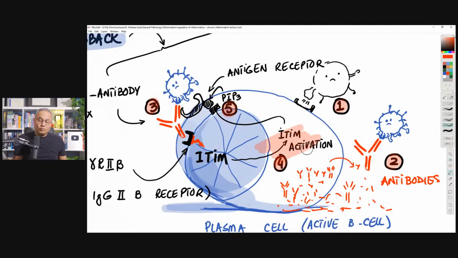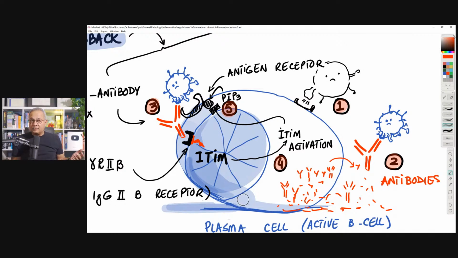That activated molecule inside the B cell goes and blocks the antigen-binding cell receptor signals. What does that mean? It tells this B cell, even when there are antigens on the outside, not to respond to those signals and not to become overly excited, as I am today with this lecture.